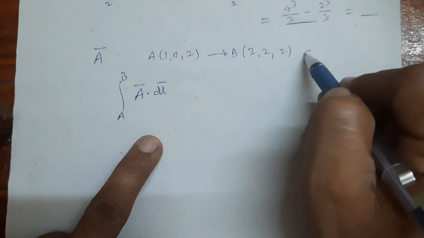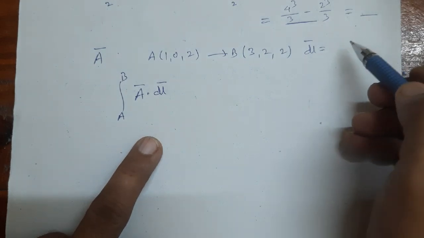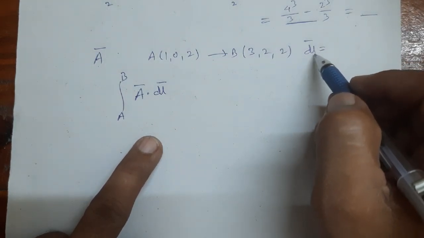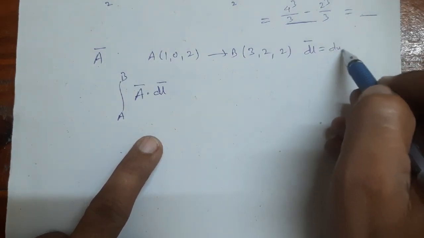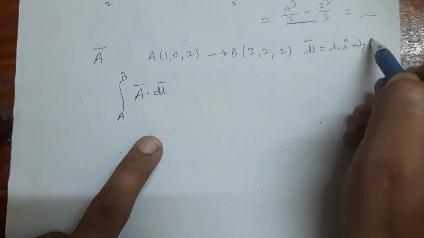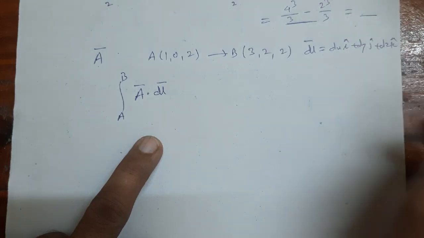Now what about dl bar? dl bar is the line element. Let in Cartesian coordinate system dl bar is equal to dx i cap plus dy j cap plus dz k cap.